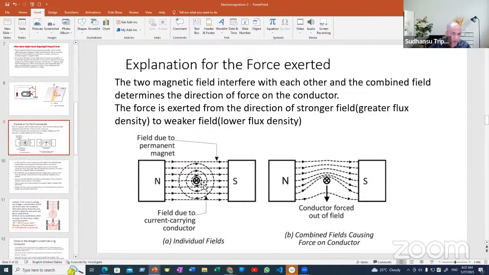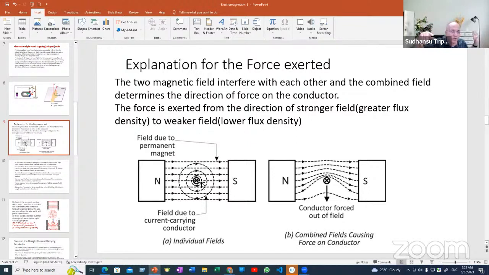The current will generate its own magnetic field, which can be known from the Maxwell right-hand thumb rule. If the thumb represents the direction of the current, then the other curled fingers will give you the direction of the magnetic field.